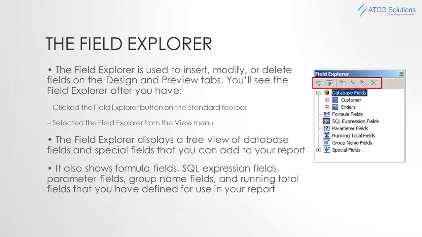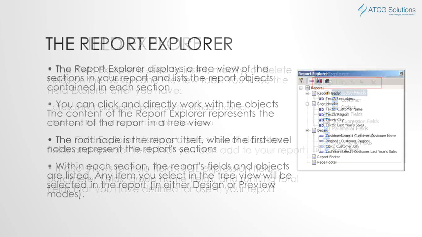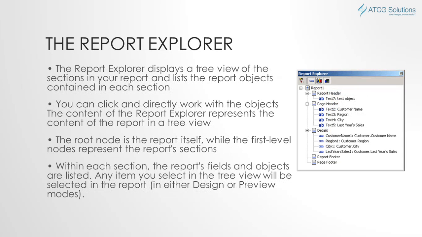The Field Explorer displays a tree view of database fields and the special fields that you can add to your report. The Report Explorer displays a tree view of the sections in your report and lists the report objects contained in each section.